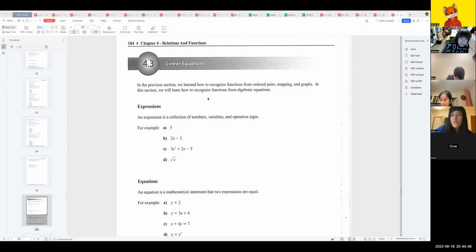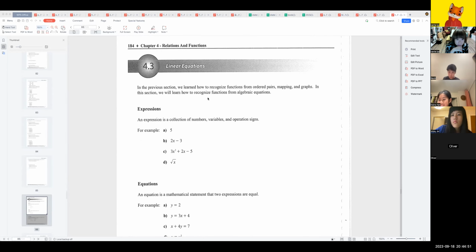Okay, so now let's take a look at this one. Linear equation. An expression is a collection of numbers, variables, and operation signs. So let me take a look at these: 5, 2x minus 3, 3x squared plus 2x minus 5, and x squared. All of them can be put on the coordinate system.